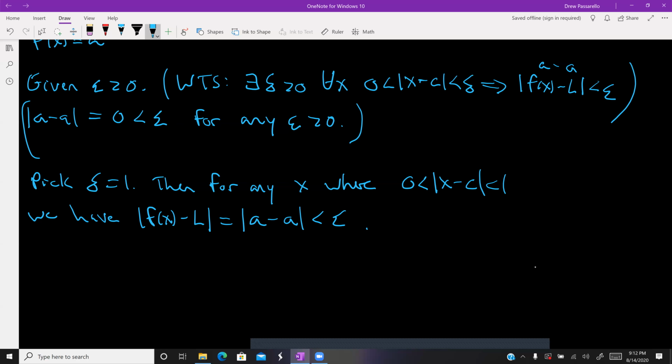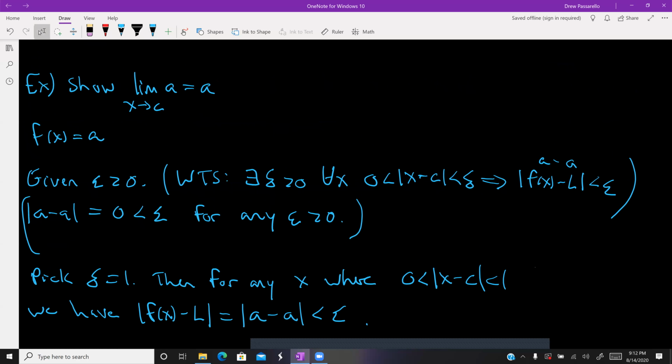And that's the proof. It's nothing really complicated since we have the constant function. Any positive delta would have worked.